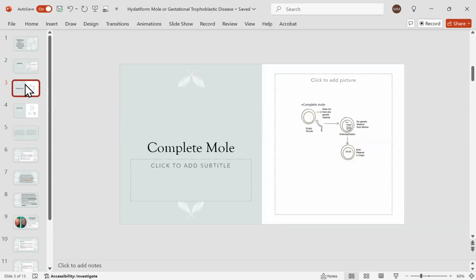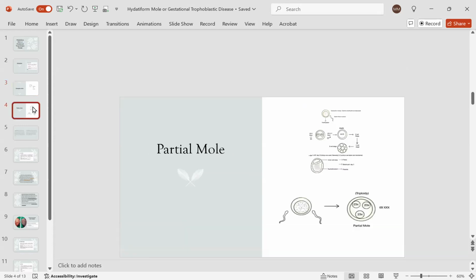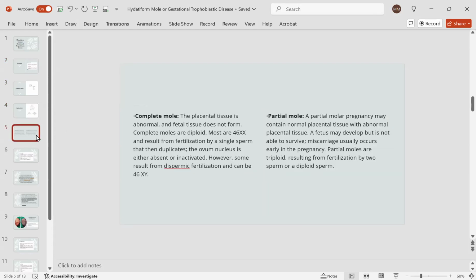Okay. So let's get into a little bit more detail here. I've added some pictures here of a complete molar pregnancy versus a partial molar pregnancy, and let me explain the difference. With a complete molar pregnancy, the placental tissue is not normal and no fetal tissue forms. It's the result of fertilization by a sperm, right?